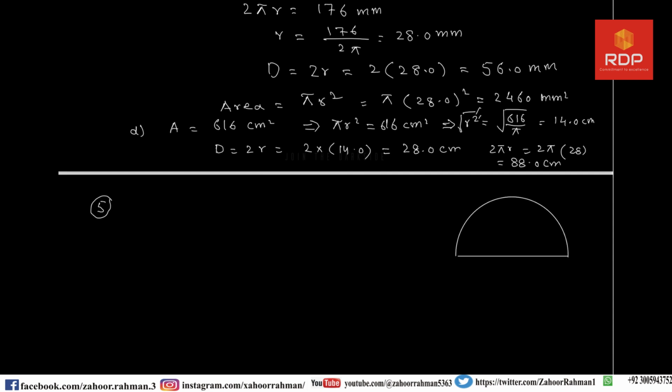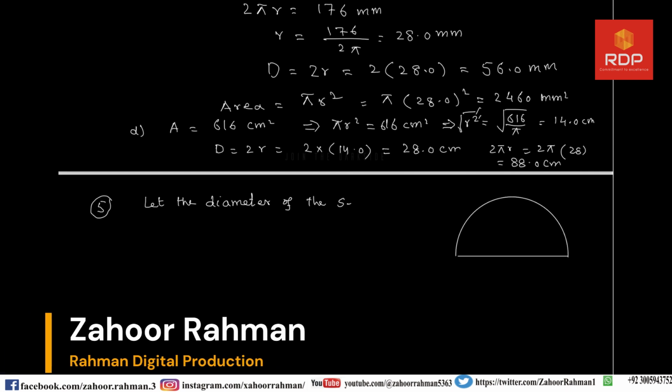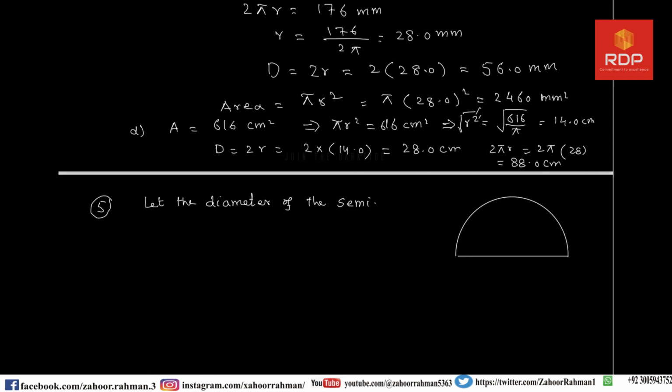So we don't know what is the diameter because no dimension is given. So we are saying let the diameter of the semicircle be x centimeter.